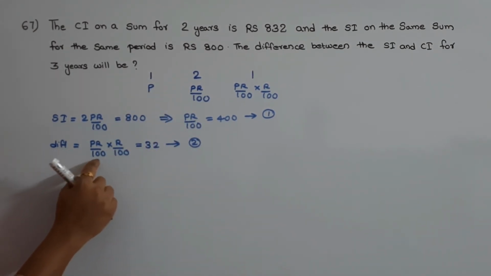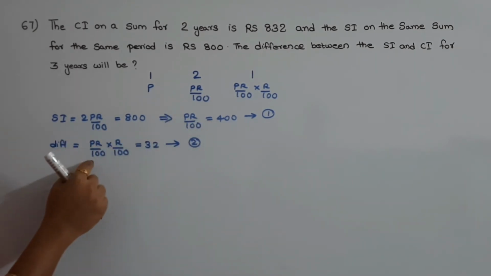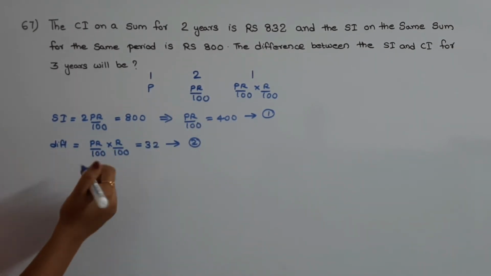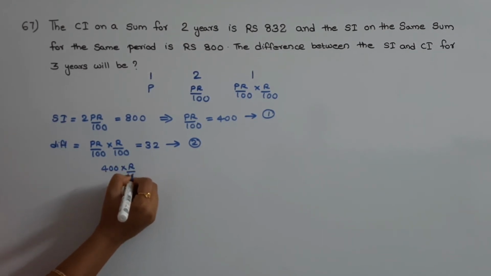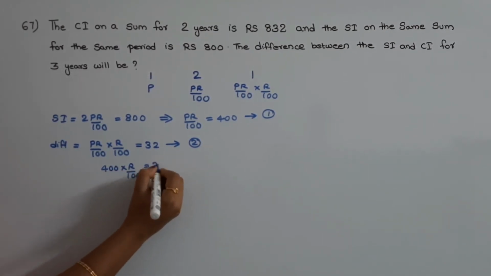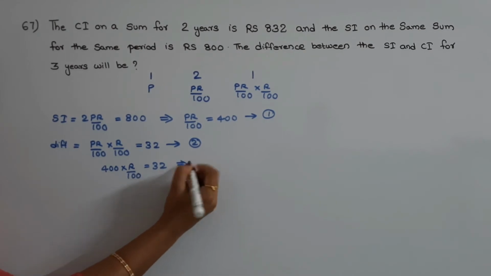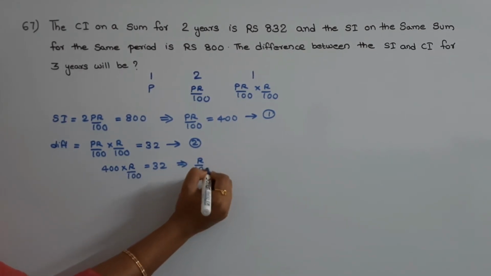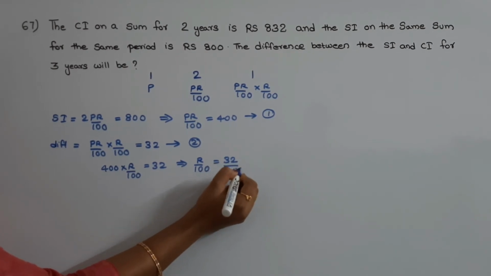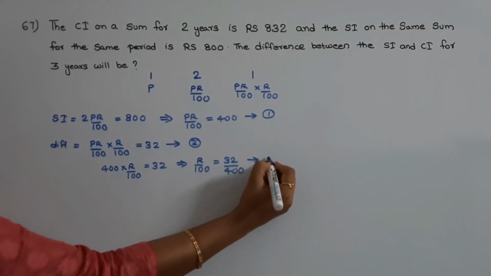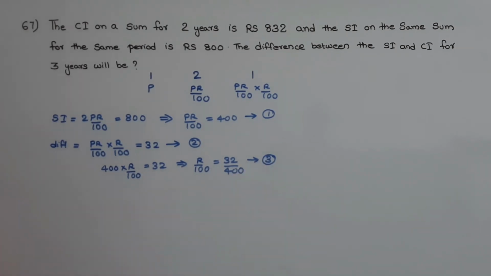So here we can substitute 400 for this PR by 100. So this will be 400 into R by 100 is equal to 32. Or we can write this as R by 100 is equal to 32 by 400. So this is the third equation.